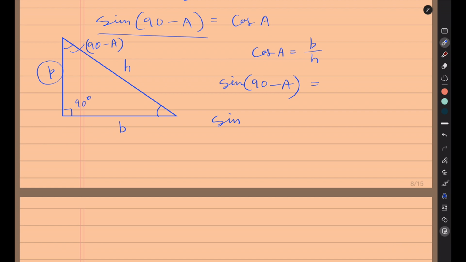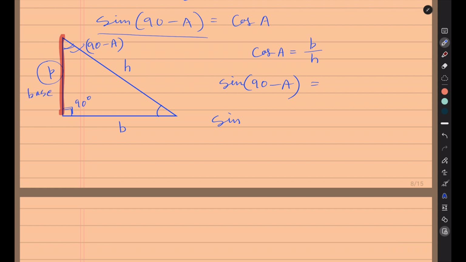Why will this become base? It will be because 90 minus A and 90 degree is based on this side. So this will be the base.